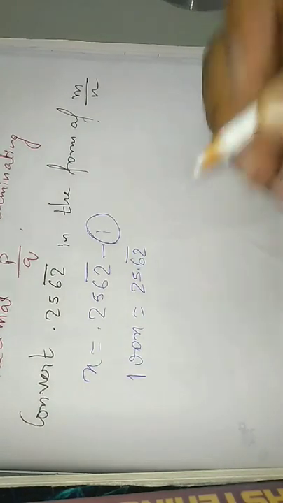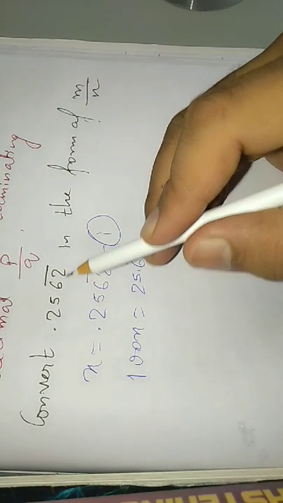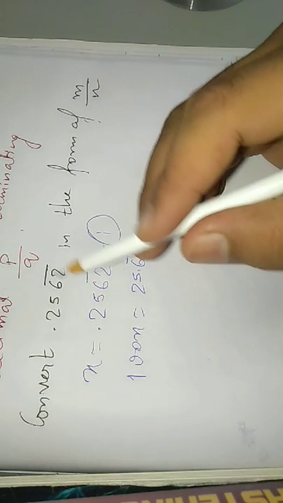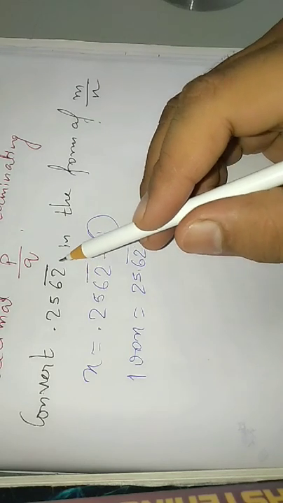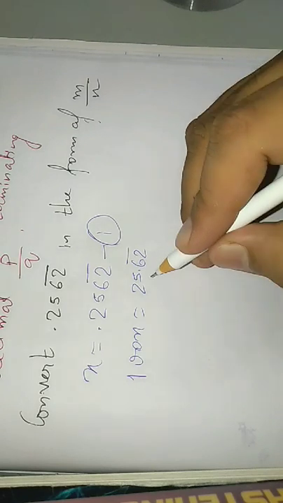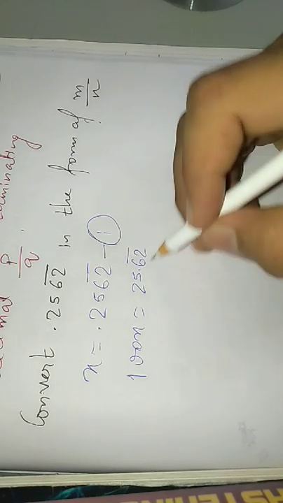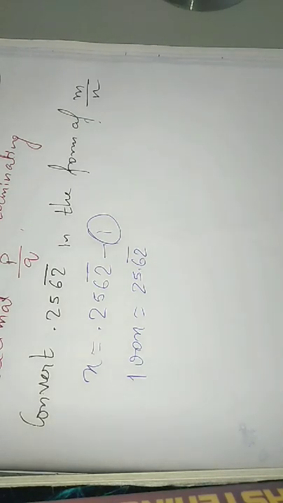So this can be written as 25.62 bar. Always try to do this if they're asking this kind of question and they have given you a mixed kind of decimal which is non-terminating but repeating. Here you need to multiply by either 100 or 1000 to get a number where you will get this bar.